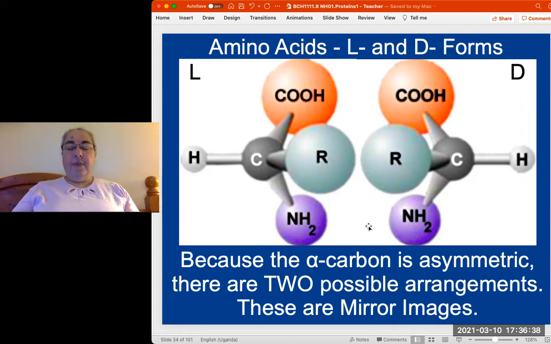So I hope that you remember that mirror symmetry, turning it round, doesn't make the 2 things the same. Okay, it's only a reflection that makes them the same. So the L form and the D form of an amino acid are quite different.